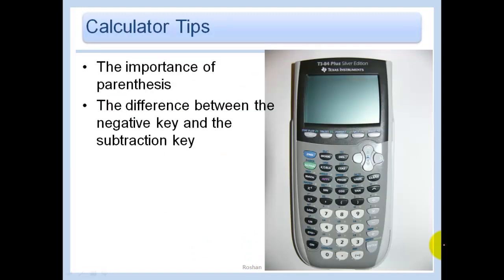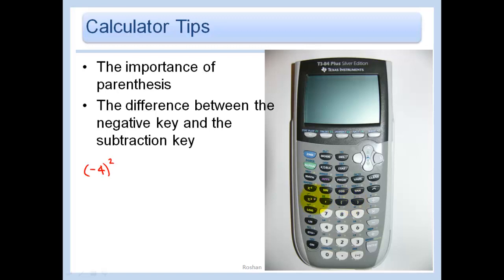Just a little calculator tip. First of all, make sure that you're putting your parentheses as is appropriate. So if you wanted to do -4 squared, make sure in your calculator you do parenthesis, -4 parenthesis, and then square it.